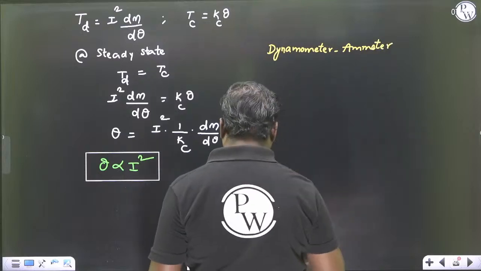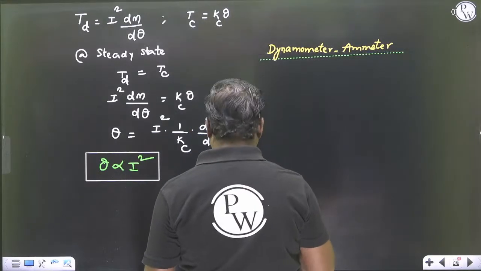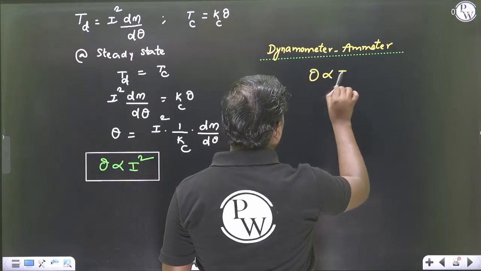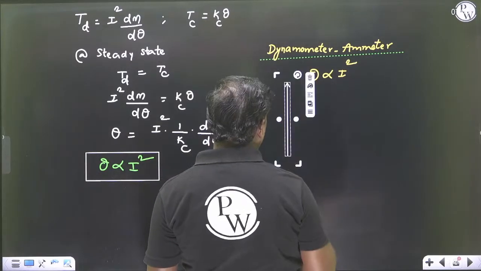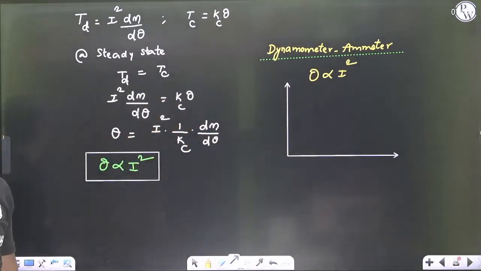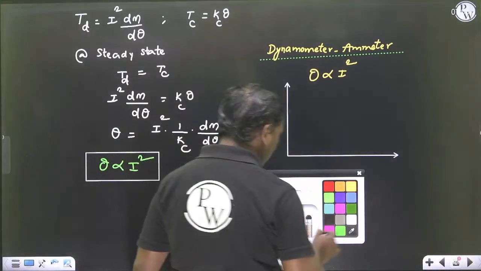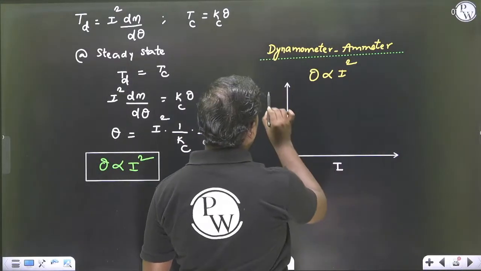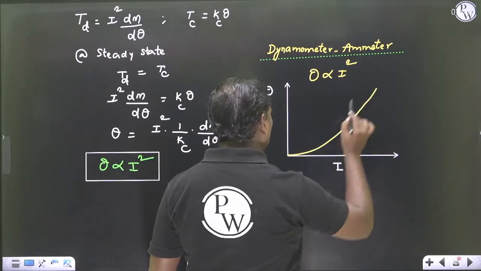Whenever this I square is like this, if you take the scale, the scale will be like this for smaller currents and the deflection going like this.